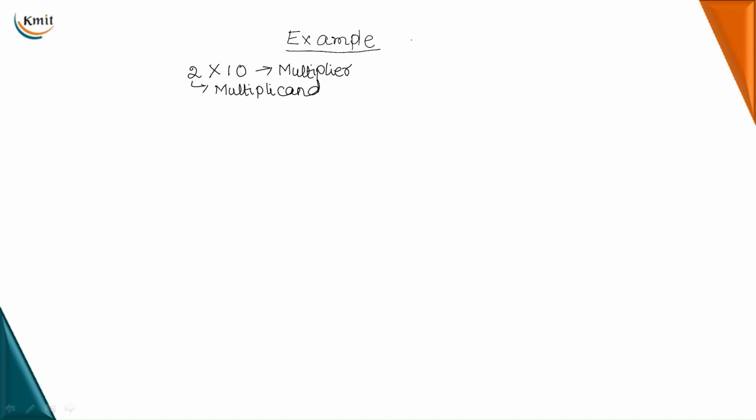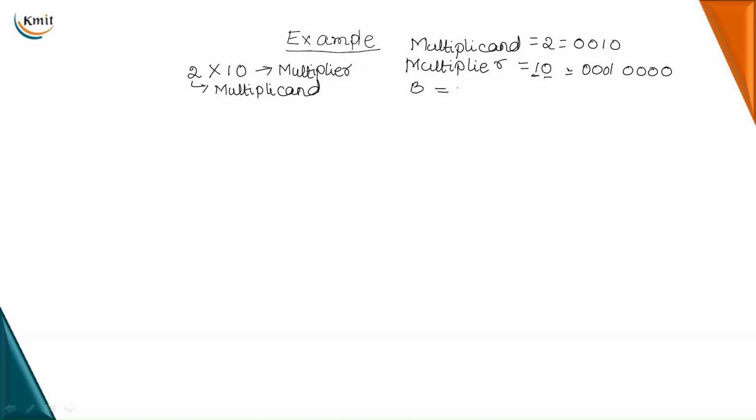Represent them in binary format: the multiplicand 2 is 0010, and the multiplier 10 in BCD form is 0001 0000, an 8-bit representation. B stores the multiplicand, which is 0010.